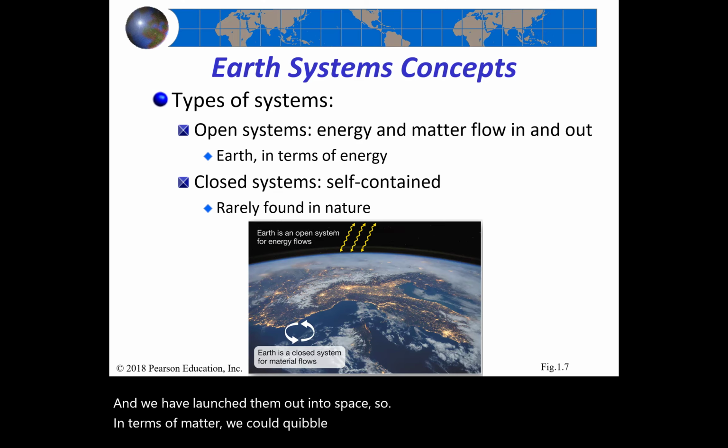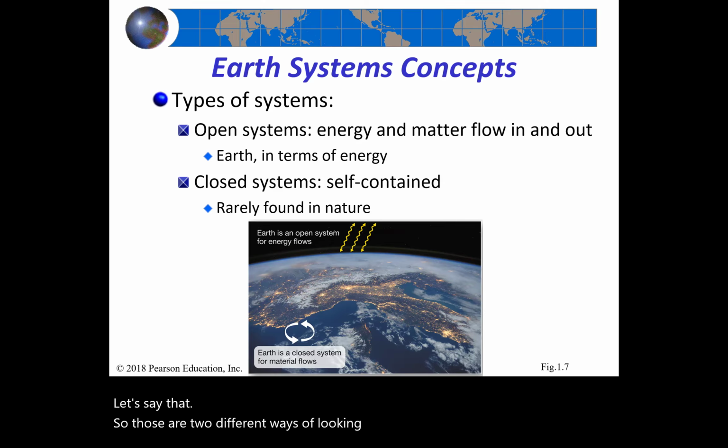But I will say, for exam purposes, that we will consider Earth an open system in terms of energy and matter. Let's say that. So those are two different ways of looking at systems.